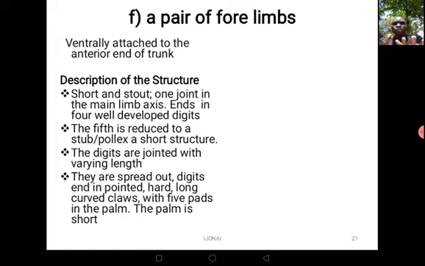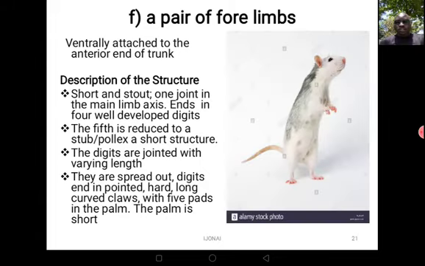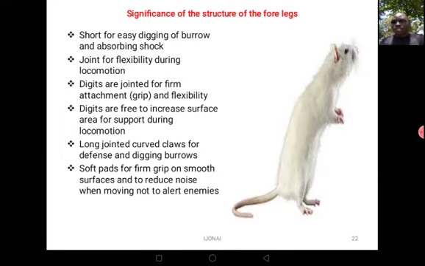When the rats are moving, they don't make noise. So those pads are very good for that. They are like cushions for movement. Otherwise, if they didn't have pads, if they had hooves, for example, they would be making noise as they move, and they would be easily detected by the predators. So you can see your forelimbs there critically.